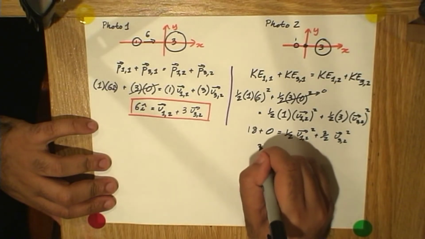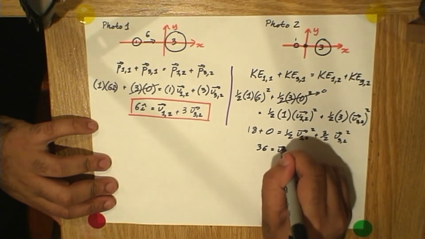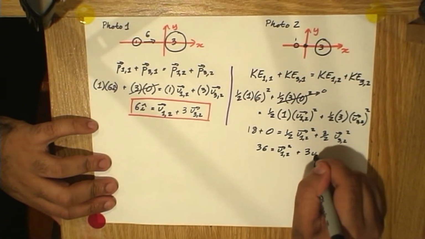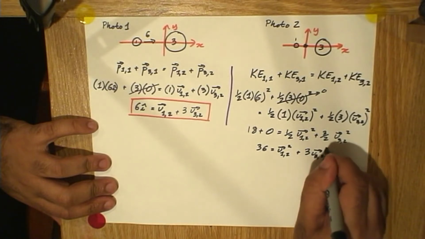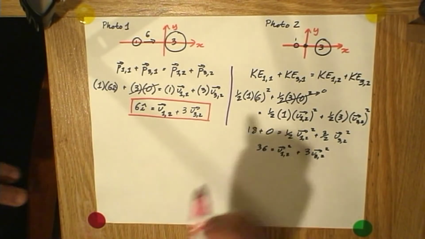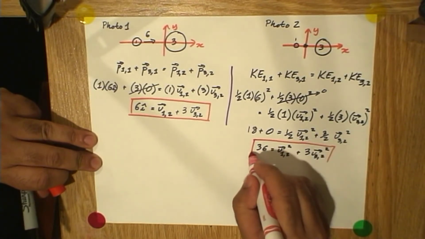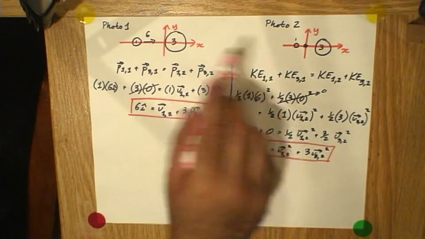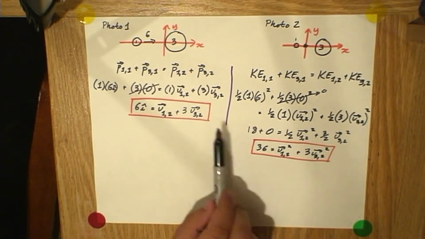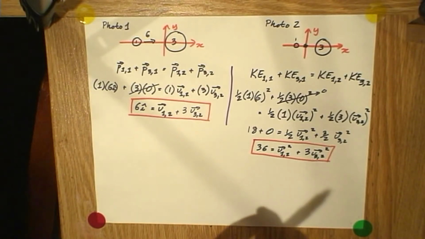That gives us 36 is equal to velocity 1 in photo 2 squared plus 3 times the velocity of 3 in photo 2 squared. And that is as simple as we can make this. This is what we get when we solve out conservation of energy on this system. So now we have two equations with two unknowns. Let's go ahead and start combining these.